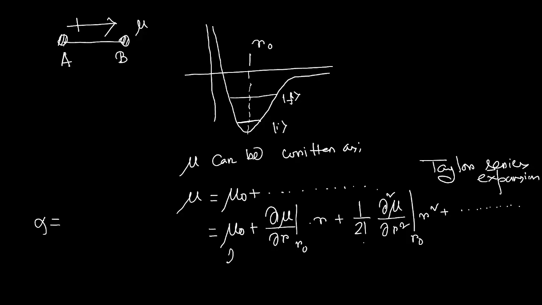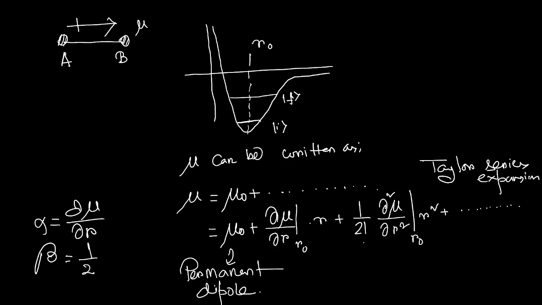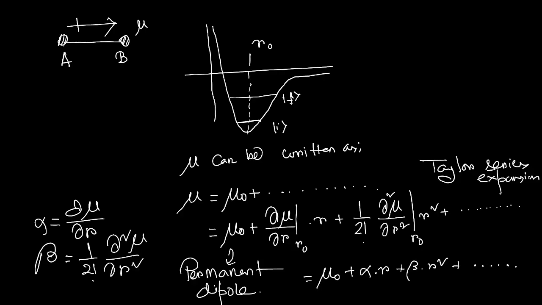This is the permanent dipole moment, and there is some induced factor that is this, and if we incorporate higher order terms, you can use alpha, beta, gamma and so on. So this is the expression of the transition dipole.